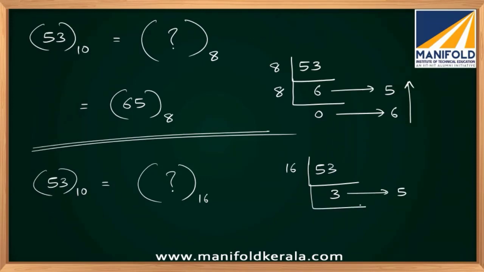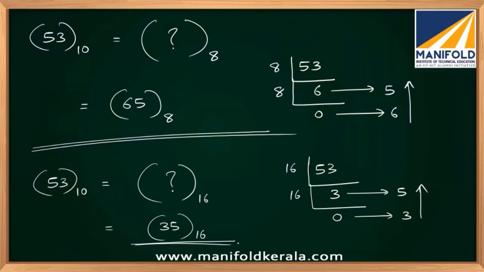Then for this one, 16, this will be 0, and the remainder is 3, and you go from bottom to top, it will be 35. So this will be 35 base 16. This is the conversion of 53 in decimal to hexadecimal. So this is how we do the conversion of the integer part.